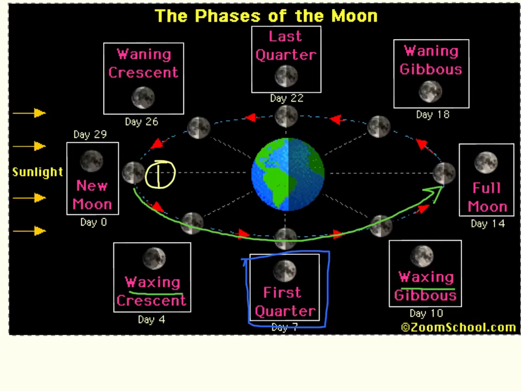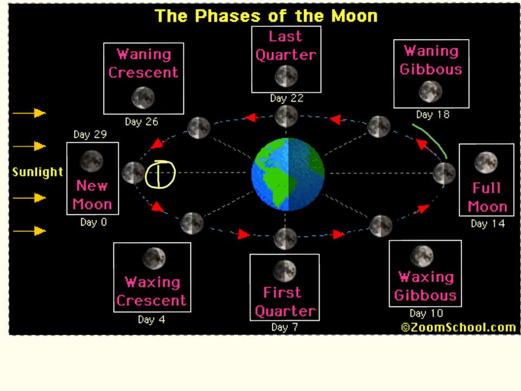During the other portion of the moon cycle, what we see is waning. Waning means to get smaller. We know that this must happen because the moon is going from full, where we can see everything, to new, where we can see nothing.